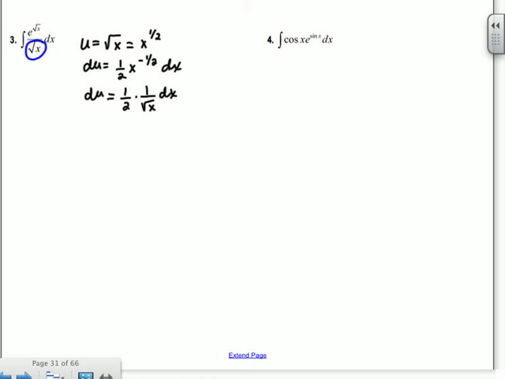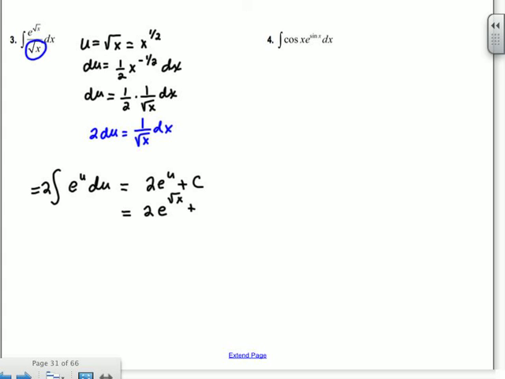So let's multiply the 2 to the other side. So 2 du equals 1 over the square root of x dx. All right, so we get e to the u du, and we have a 2 out front from the 2 du. So we get 2 e to the u plus c. So we get 2 e to the square root of x plus c. And that's your answer.